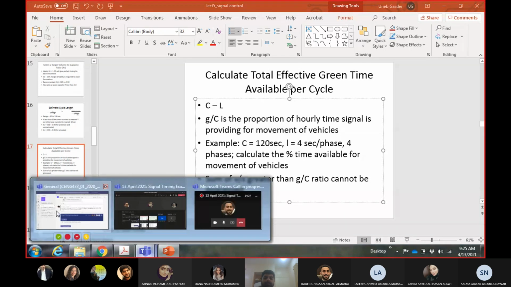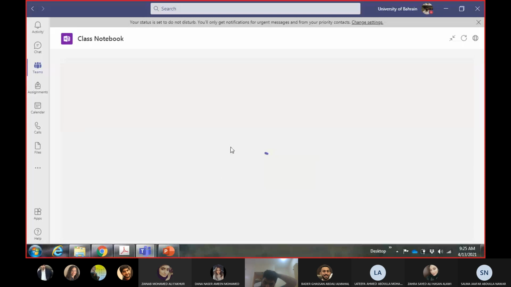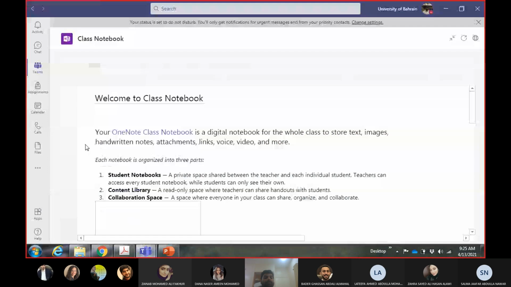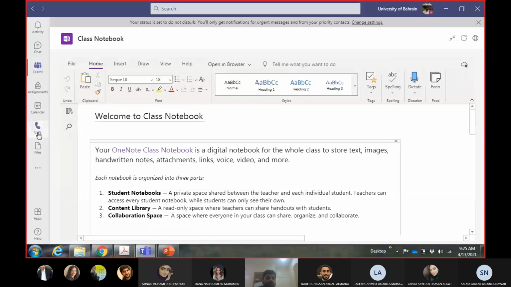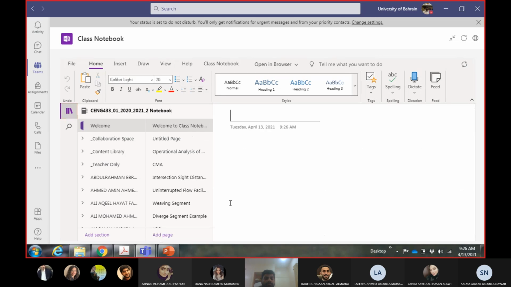So 120 minus 16, how much? 104 seconds, right? So what will be the G by C ratio in this case? 104 upon 120.